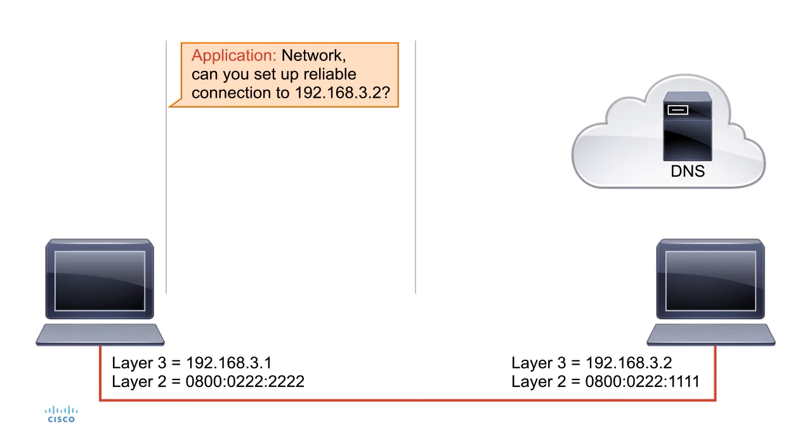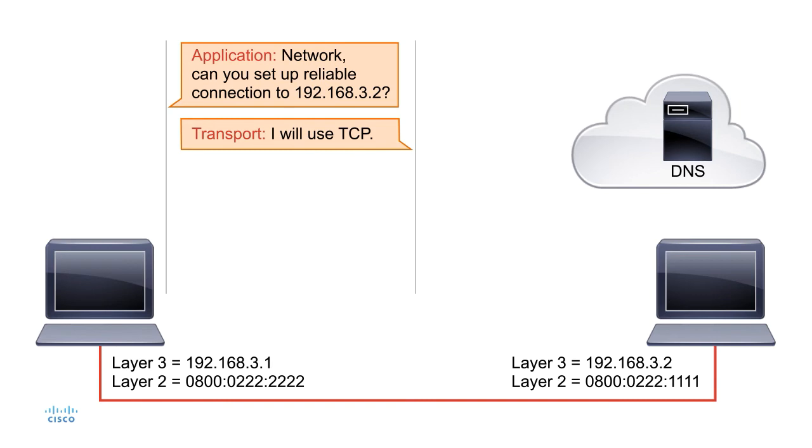Now, let's assume this is the TCP/IP stack, so we're going to skip the presentation and session layers. So we go from the application layer, and the application layer says, okay, I need to send this reliably, so I'm going to use the transport layer, which provides me reliable service. And so the transport layer says, okay, not a problem. I'm going to go ahead and use TCP.